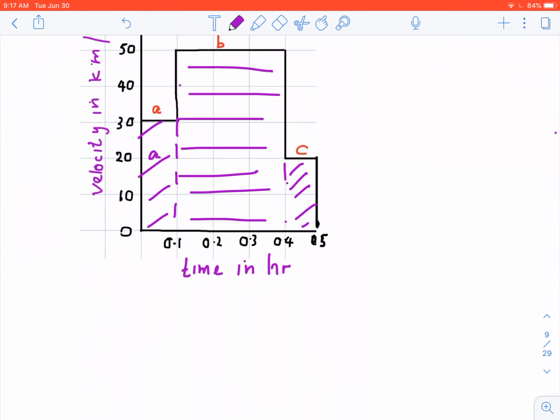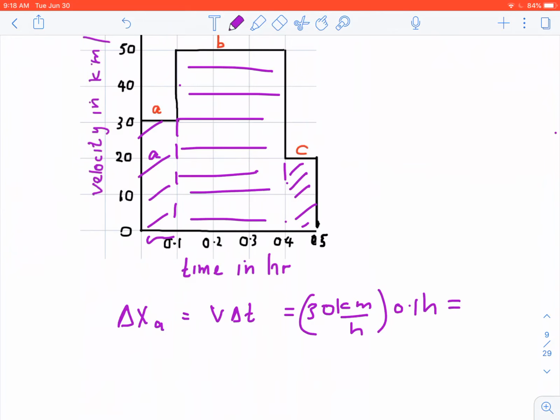So change in x of A is v change in t, and we take the first one, which is 30 kilometers an hour, and the time there is 0.1 hours, and that gives us 3 kilometers.